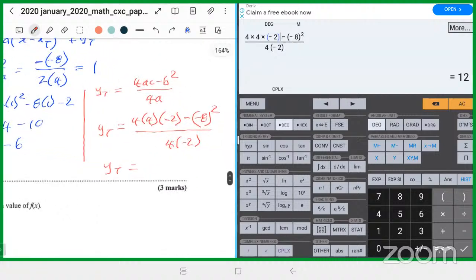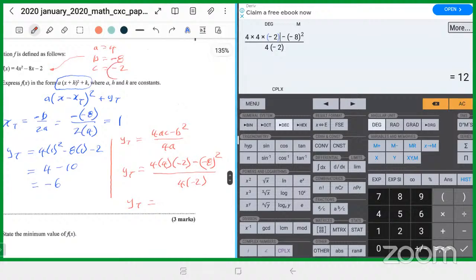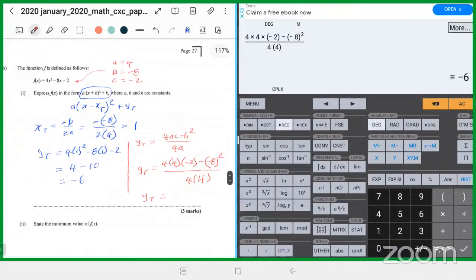A is not negative 2. A is 4. I need a 4 here. That's it, negative 6. See, easily using the formula you could have made a mistake.